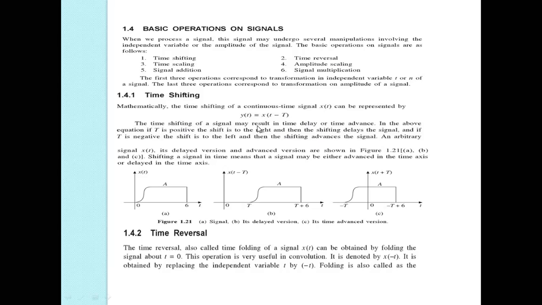The shift is to the right and the shifting delays the signal. And if T is negative, t minus of minus T is nothing but t plus T. If T is negative, the shift is to the left, and then the shifting advances the signal.